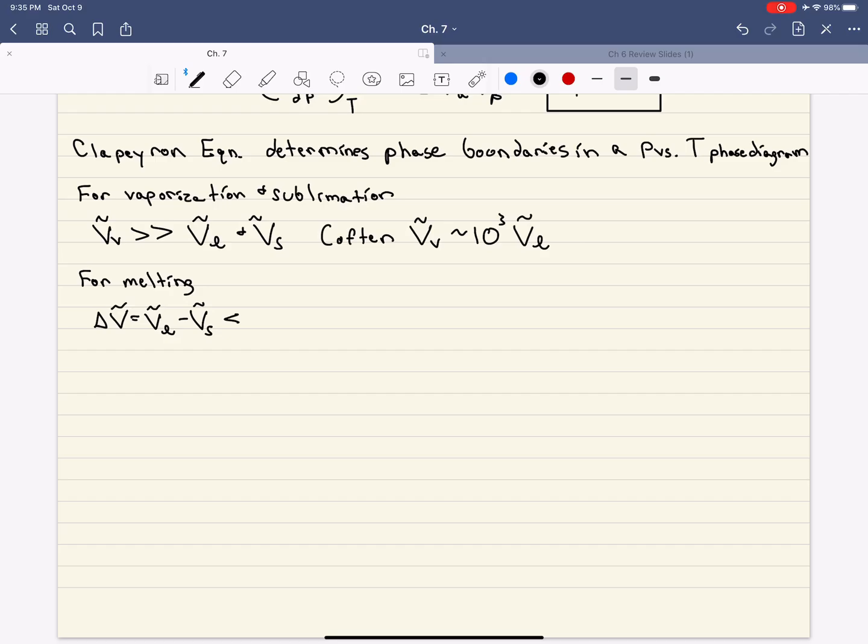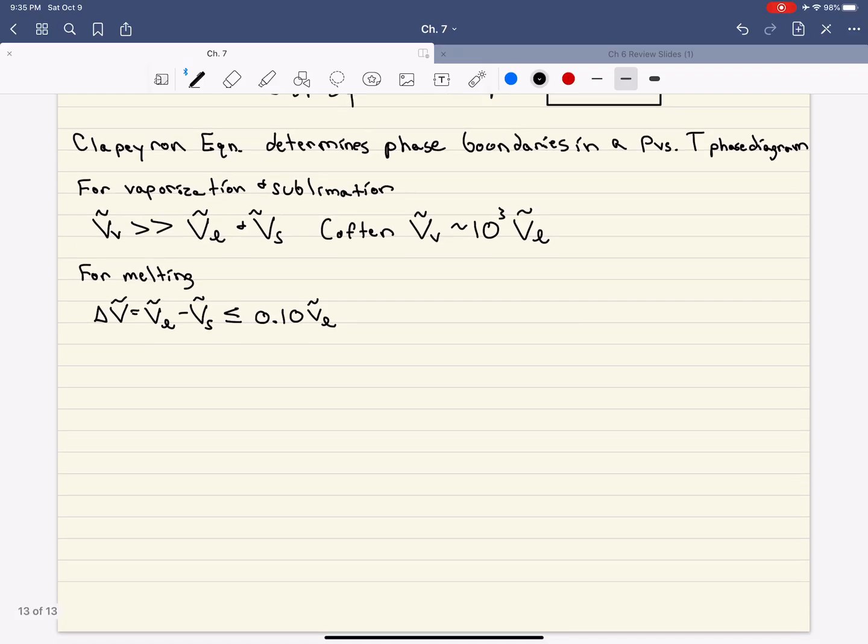In fact, the delta V between liquid and solid phases is usually only about 10% of the value of the density of the liquid phase. And so for this reason, delta V is in the denominator, and if you have a smaller number in the denominator, that means you have a larger slope, right?